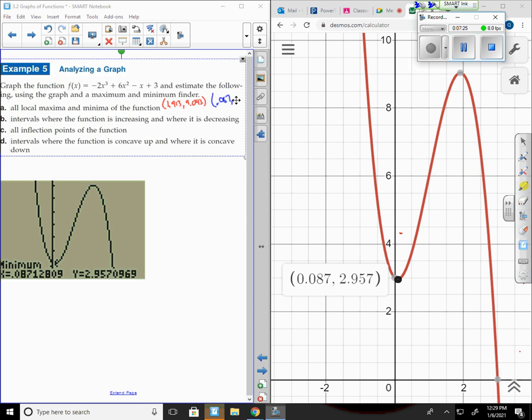0.087, 2.957. All right, where it's increasing and decreasing for part B, it's decreasing all the way from negative infinity to here, which is 0.087.